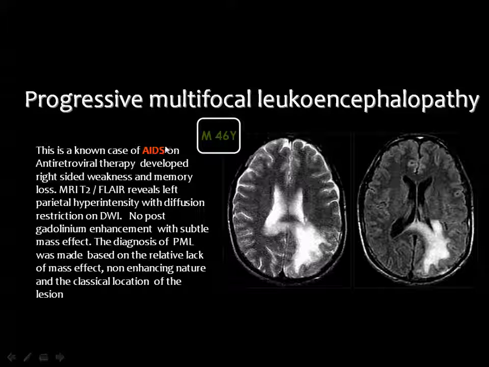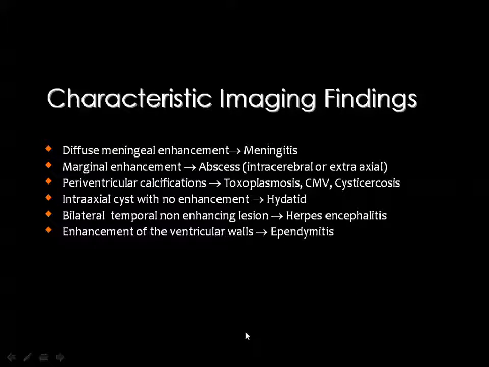And this is an AIDS patient with a lesion which has the classic anatomic site. And here you can see high signal in the T2, high signal in the FLAIR. And this lesion does not usually show a contrast enhancement. It will appear of low signal in the T1 and also hypodense in the CT images.